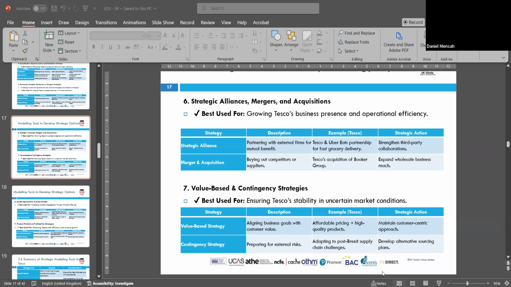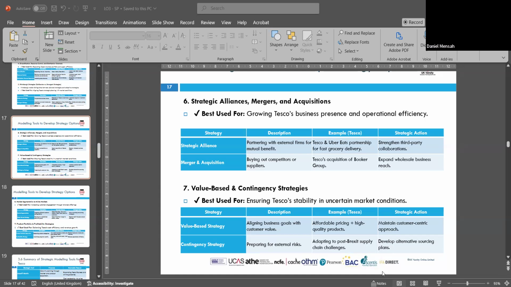The contingency strategy basically can be applied for a certain situation, based on changing or unforeseen circumstances, and it allows businesses to respond to unexpected challenges or opportunities.